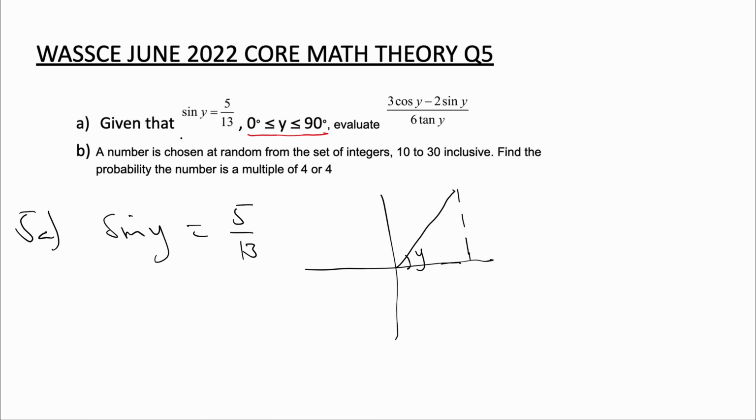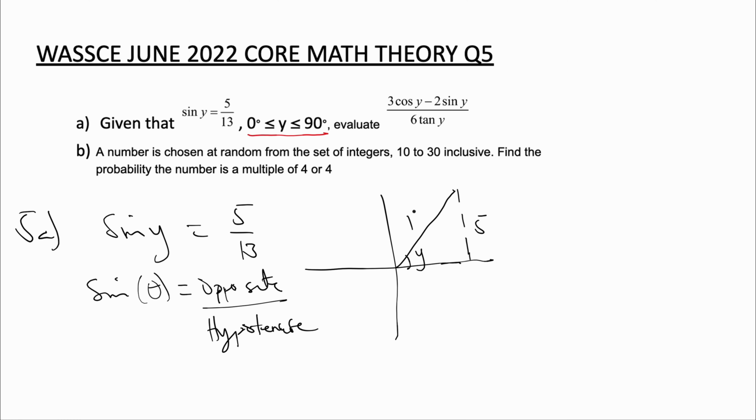Now we know that sin y is equal to 5 over 13, and sine of an angle theta is opposite over hypotenuse. So when we compare this to this, our opposite will be 5 and our hypotenuse will be 13. So we need to find our adjacent.